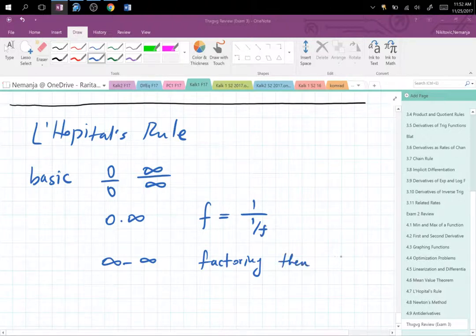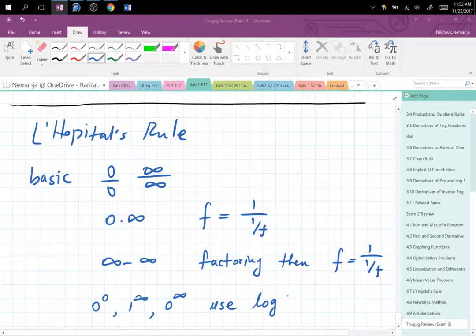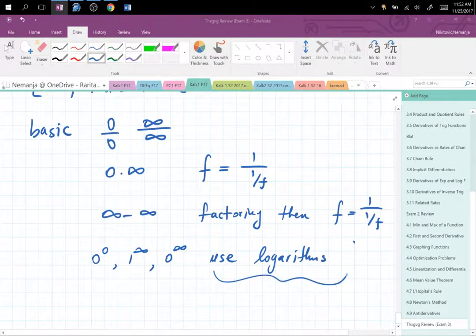Then f equals 1 over 1 over f. And then we have 0 to 0, 1 to infinity, and which one? 0 to infinity, right? And we use logarithms. So the procedure is ln both sides.